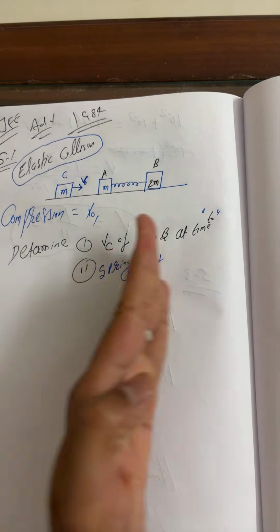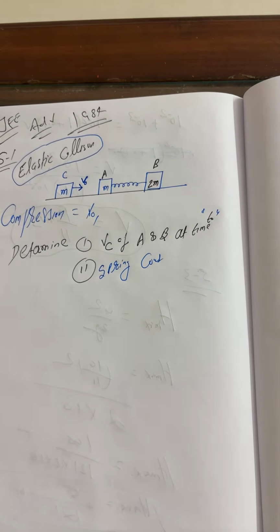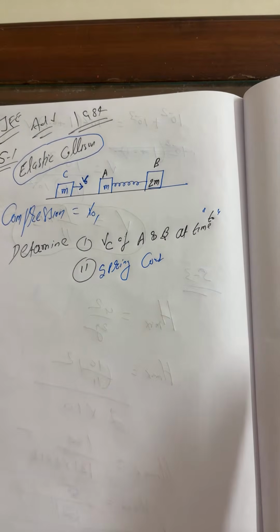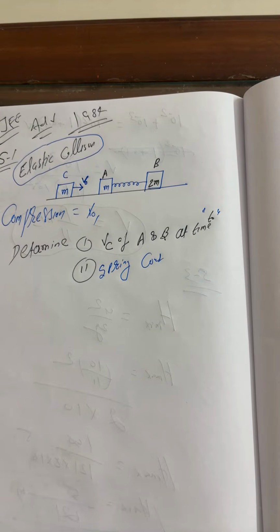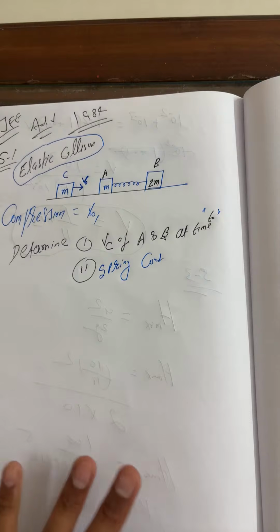Once this block collides with the system A and B, the collision is elastic. After collision, there is compression equal to x naught. So we have to find the common velocity of A and B at time t naught and the spring constant. So let's begin with the solution of this question.